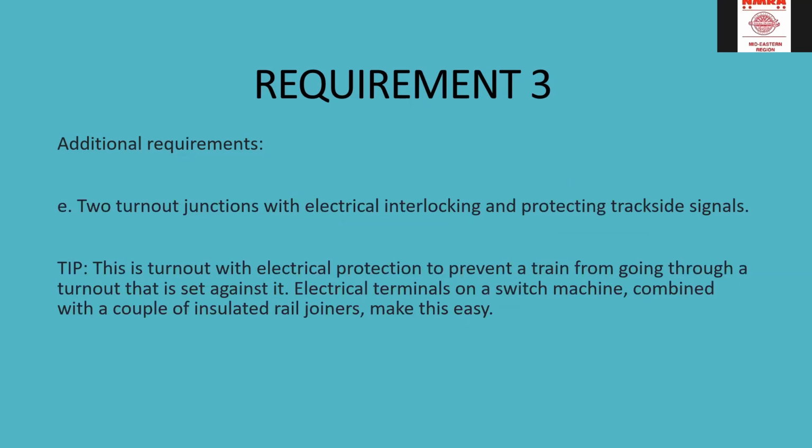2 turnout junctions with electrical interlocking and protecting trackside signals. This is a turnout with an electrical protection to prevent a train from going through a turnout that is set against it. And obviously, if we go through something that's set against us, we're going to have a derailment. Electrical terminals on a switch machine combined with a couple of insulated rail joiners can make this easy.